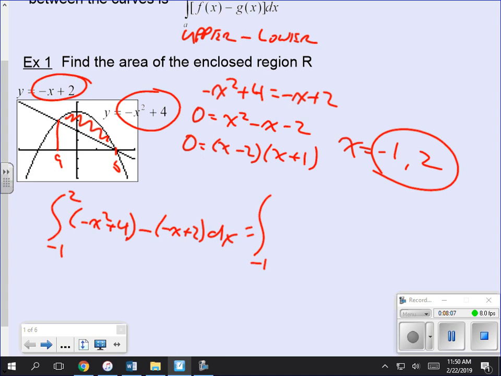Integral from -1 to 2 of -x squared, and then distribute the negative, and then I get plus x, and then I have -2 and positive 4 plus 2 dx. It's a polynomial, so it's easy enough to do the antiderivatives and plug in the upper bound, plug in the lower bound, and solve it.